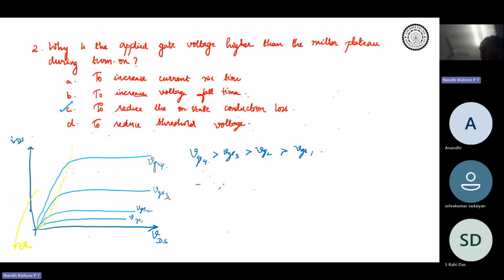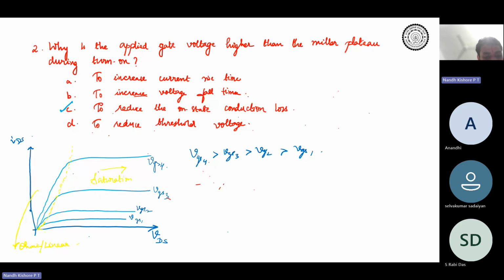This is your ohmic region, or you may also call it the linear region, where you can approximate the MOSFET channel as RDS on, as a resistance. Beyond this is your saturation region.